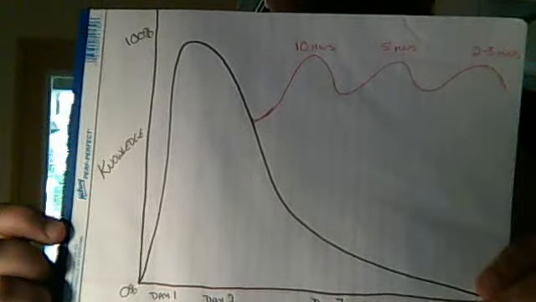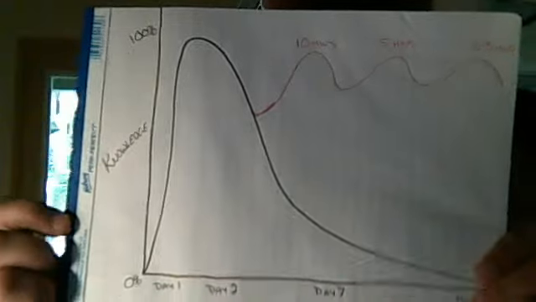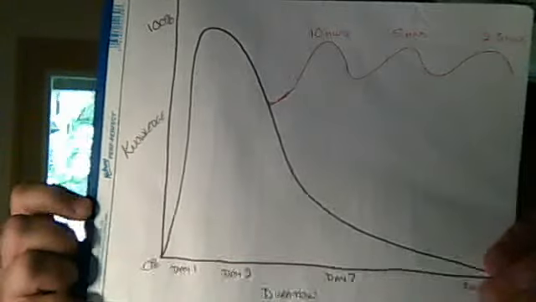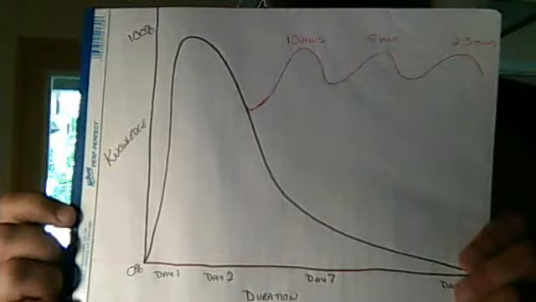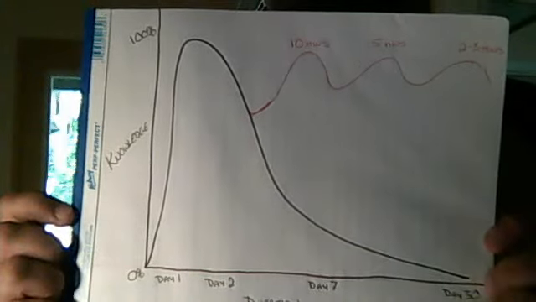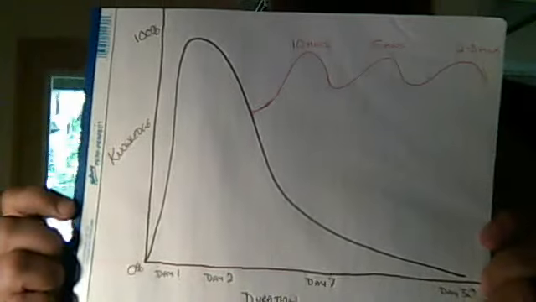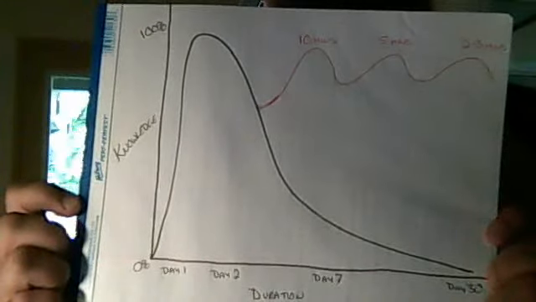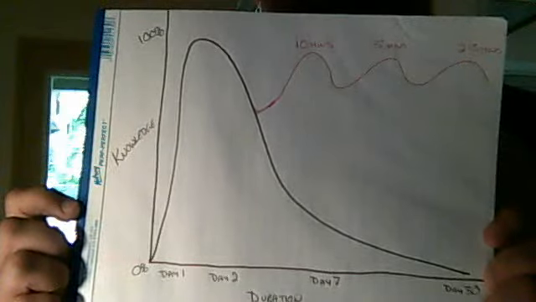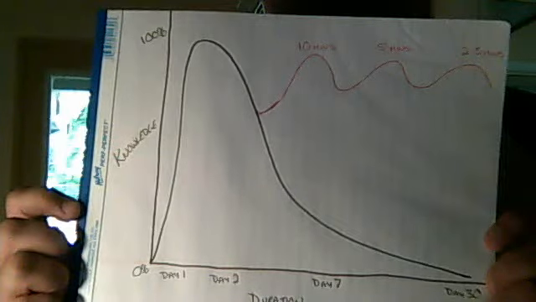So on day one, you go in knowing nothing of the material, and by the end of the day, you're up there at 100% of what you're going to need to know. By day 2, this starts to decline. By day 7, it's in vast decline, and you know very little left about what you originally had.